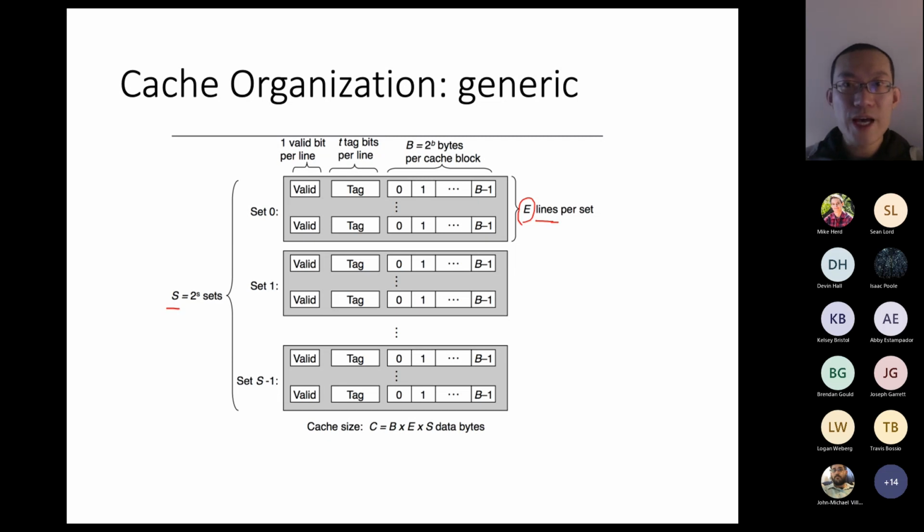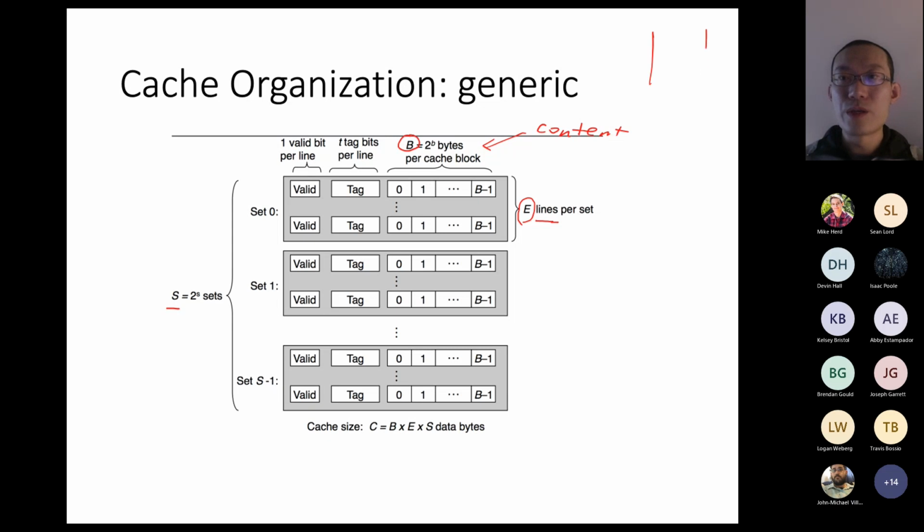If we look at each line, you would find three parts. We will first talk about the block size, which is B. This capital B is the size of this block. This is where our content or data is stored in the cache.